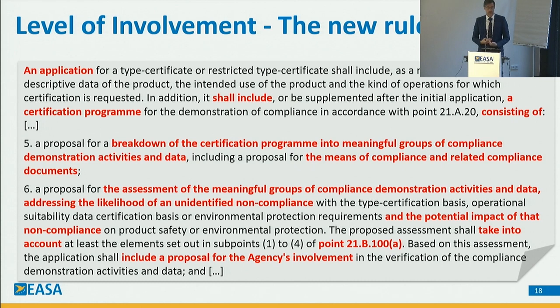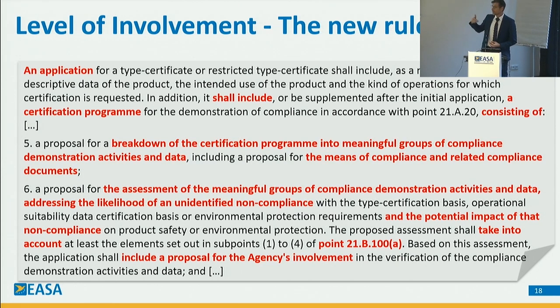That's the likelihood that we are addressing, and then looking if this unidentified non-compliance with a cert basis is there, what is the impact on product safety or environment. This is the risk-based approach, how it's being embedded in part 21.